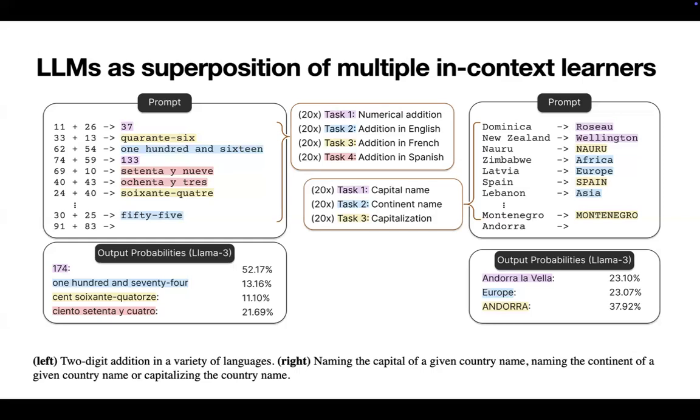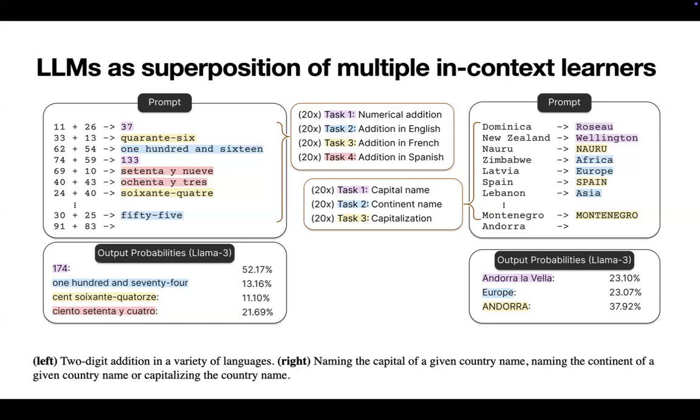And as we can see from the output probabilities from the Llama 3 model, the correct outputs of performing each task are non-negligible, meaning that they are a portion of the whole output probabilities, and they all sum up to near 80 to 90%. So this is an indication that large language models can do multiple in-context learning tasks at the same time.